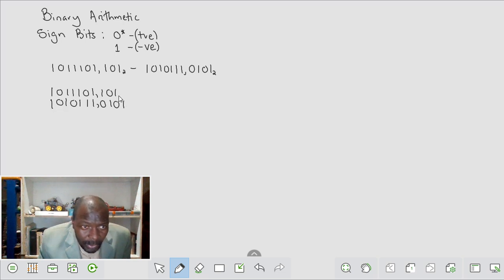Let's say we had another 1 here, just for clarity. Our next step is to make sure that we standardize the number of bits.